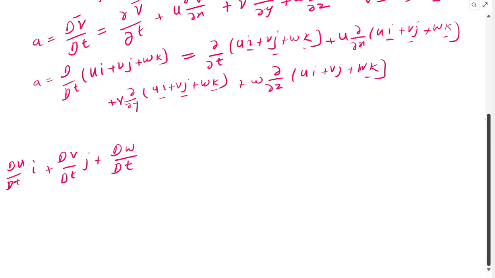This is not del, this is d, the full derivative, right? These are the unit vectors. Some people use a cap, or some people write it in this fashion. Both are the same, right?